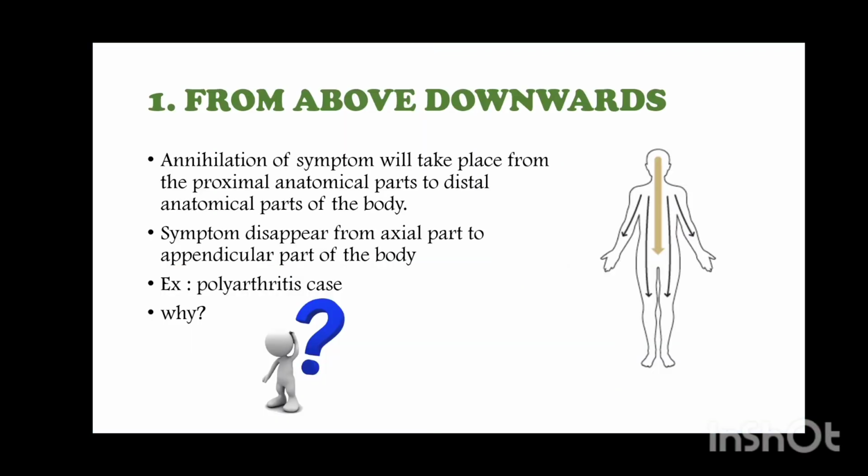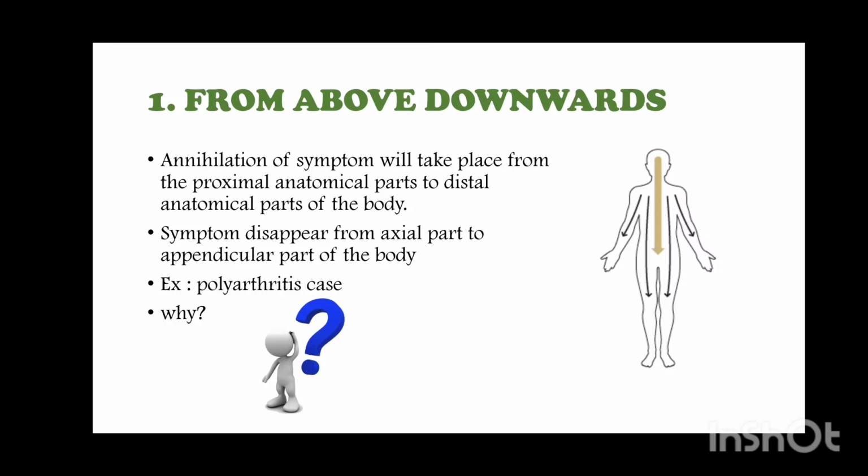Let's move on to the four parts. First, from above downwards. We'll discuss this part of the law connecting it to some disease processes and examples. From above downwards, the annihilation of the symptoms will take place from the proximal anatomical part to the distal anatomical part of the body.